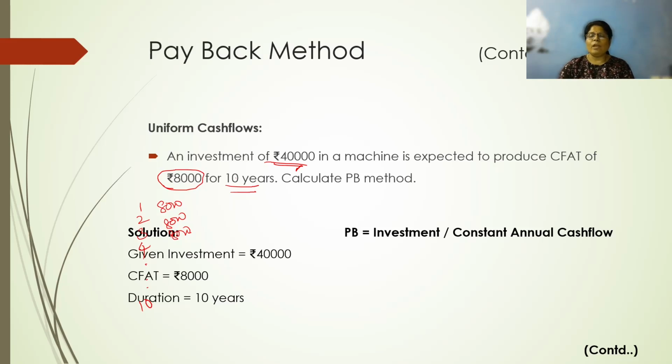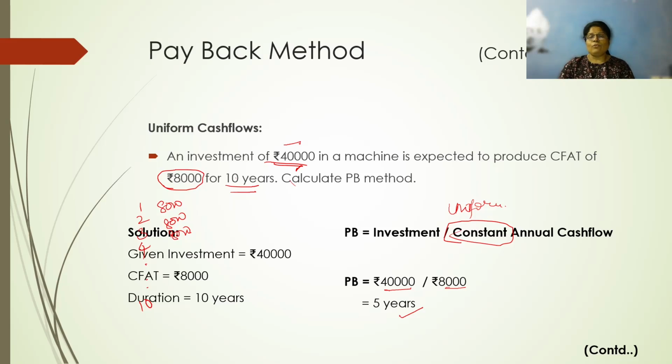Now if you apply the formula, the investment is 40,000 and the constant annual cash inflow, remember this constant denotes the uniform cash inflows. So 40,000 divided by 8,000 is 5 years. For this project, the payback period is 5 years, right?